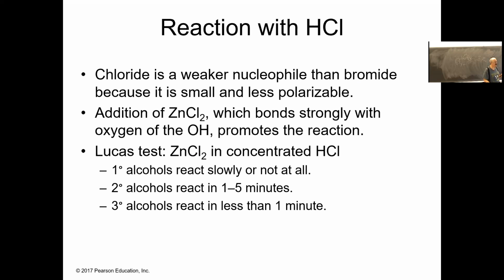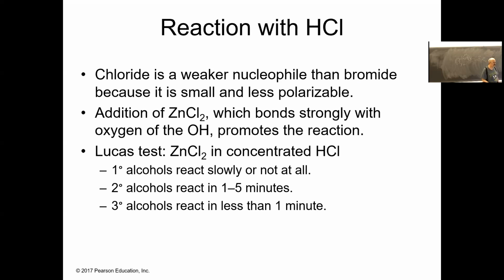The alkyl chloride is typically not soluble, so it forms either a precipitate or a cloudy mixture. And since this is SN1, primary alcohols will react slowly or not at all.